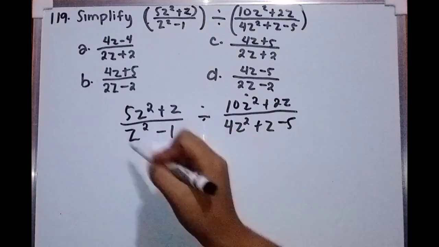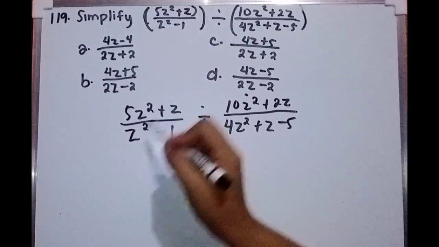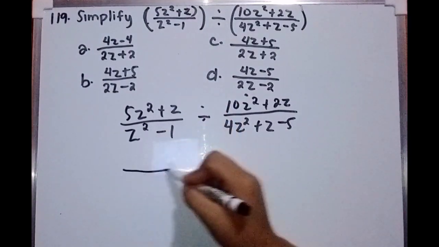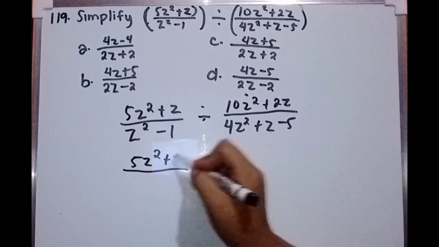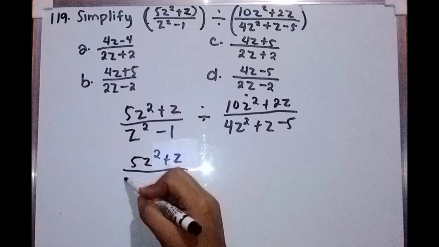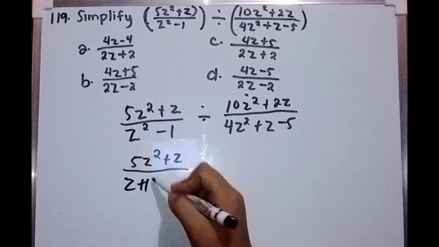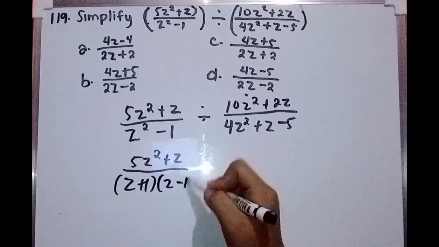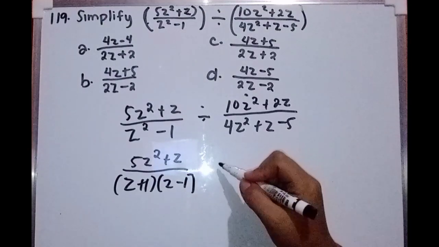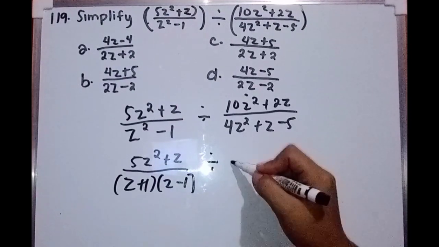So we'll get the factor of z squared minus 1, and the numerator is 5z squared plus z over z plus 1 times z minus 1, divided by.